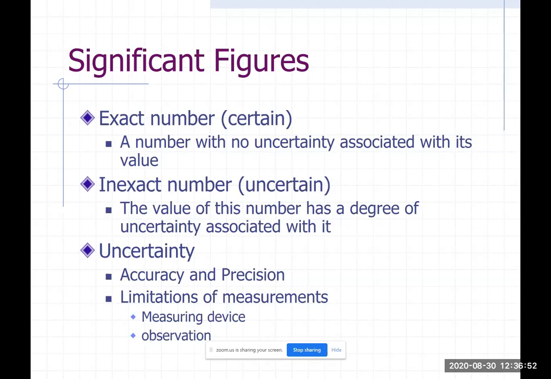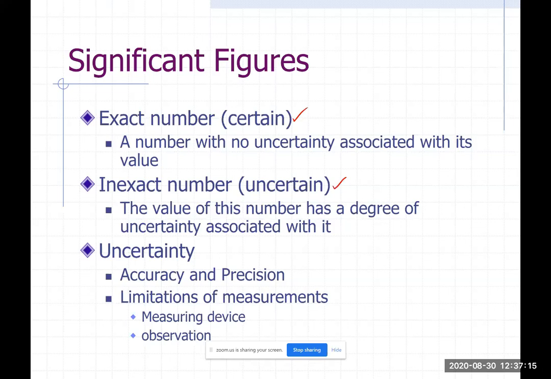The exact numbers, or certain numbers, are numbers that we know because whatever piece of equipment we're reading has calibration marks associated with it, and we're reading those calibration marks. But when we write a significant figure value, it's also going to have an inexact number, or a number that is uncertain.